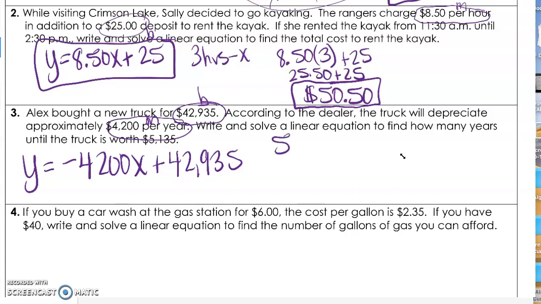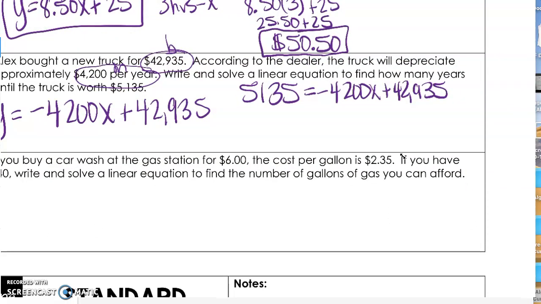So we would do 5135 equals negative 4,200x plus 42,935. Knowing that we're not plugging a number in, we're setting it equal to a certain number and solving. So I would subtract. That's going to give us a negative number, but that's okay.